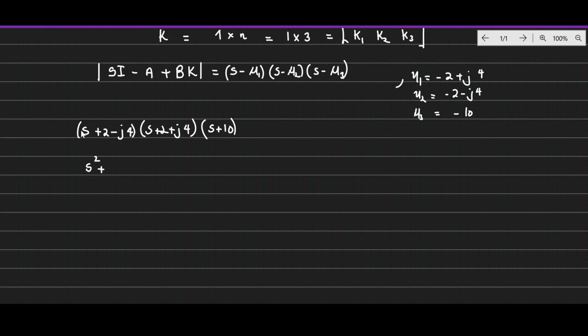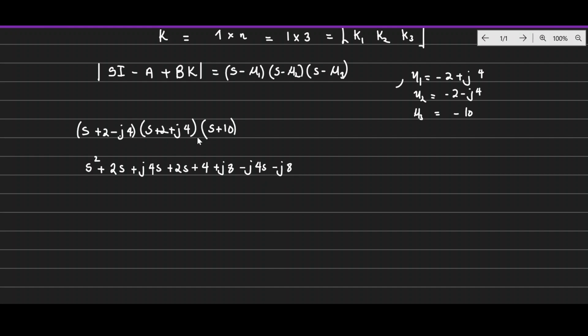and then s by 2, that is 2s, and s by j4, that is positive j4s. And then 2 by s, that is 2s, and 2 by 2, that is 4, and 2 by j4, that's j8. Then negative j4 times s, that's negative j4s. Negative j4 times 2, that is negative j8.